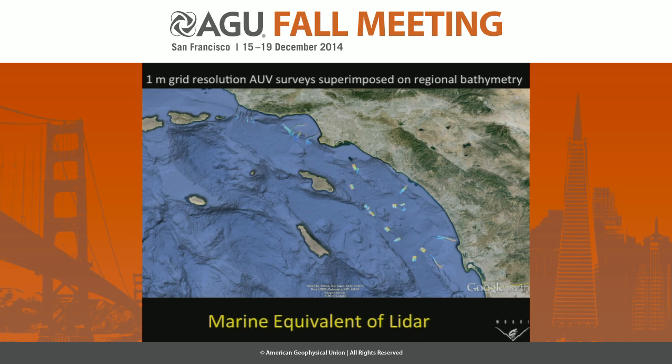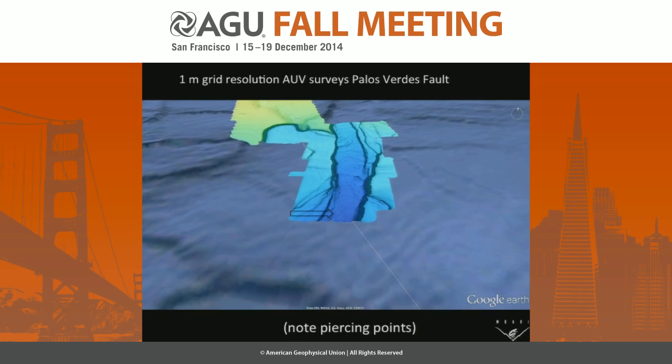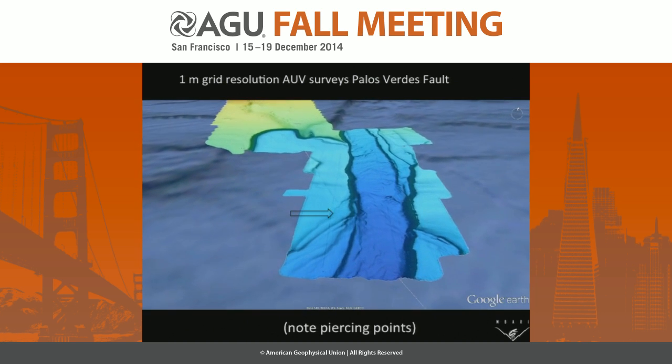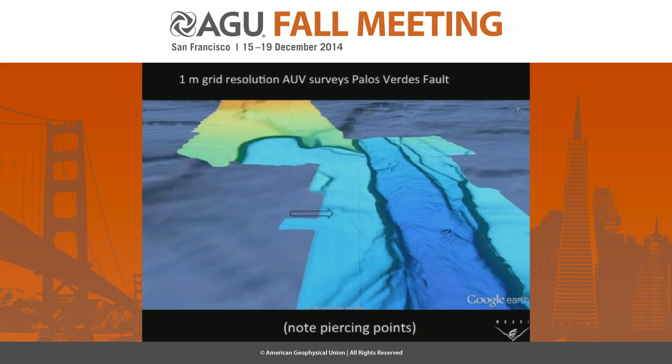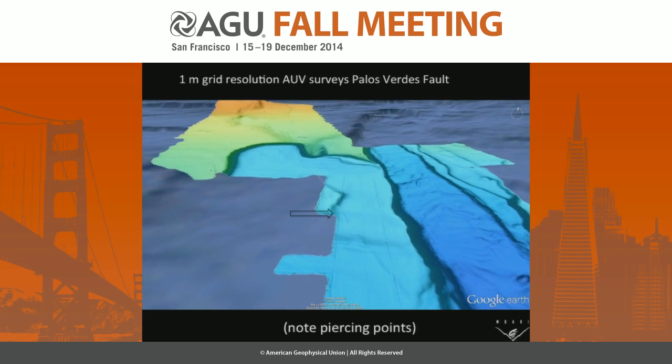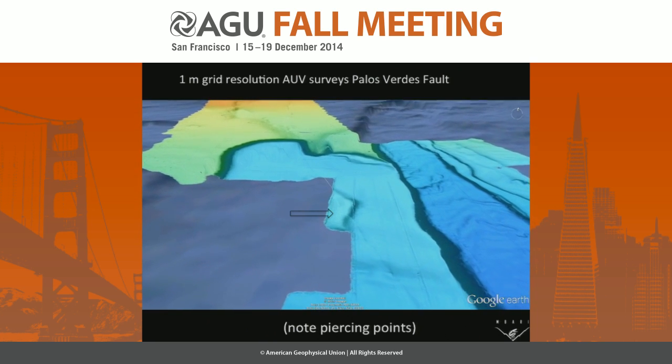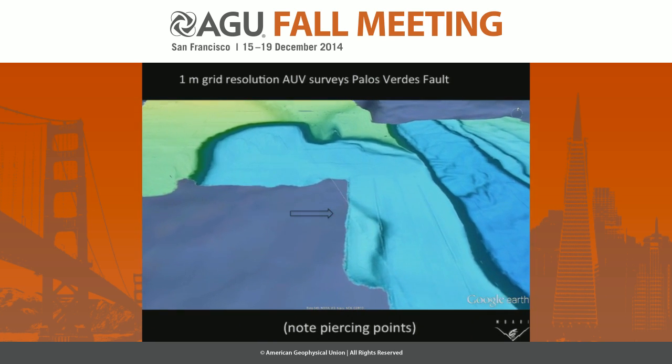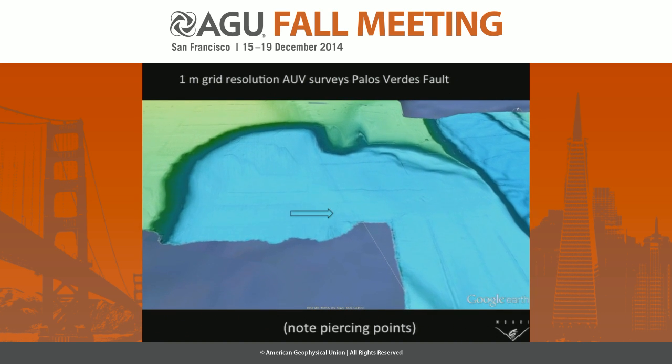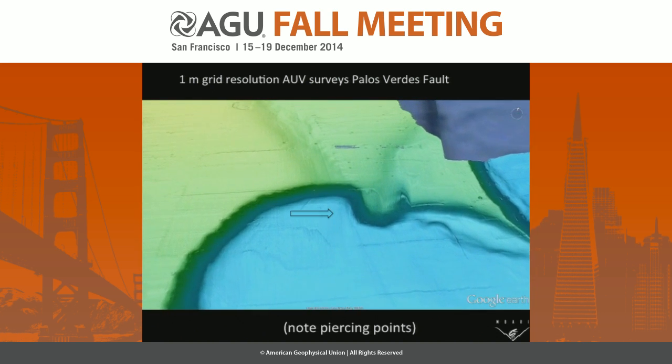I'm now going to jump over and show you one more of these video zooms of the seafloor. This is the Palos Verdes fault. In this case, the fault's believed to run in here. It runs up. There are offset features that we see here which provide piercing points. There's a slide scar wall here, which is apparently a piercing point for this.